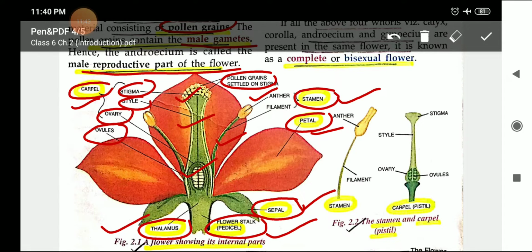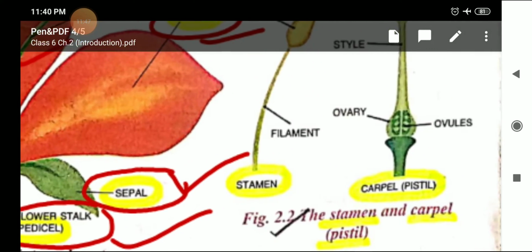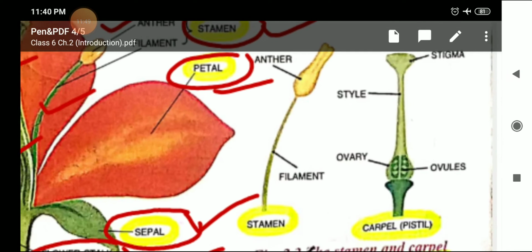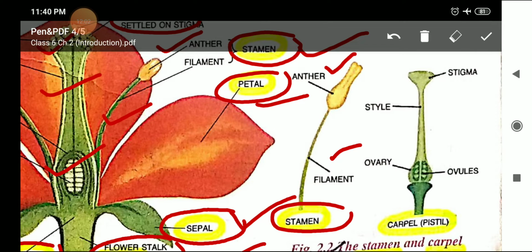Now I'll show the two main parts, that is stamen, the male reproductive part. Look here carefully, stamen. Now the stalk of the stamen is known as filament and the tip of the stamen is known as anther. And anther contains the pollen grains and the pollen grains contain male gametes or male reproductive cells.